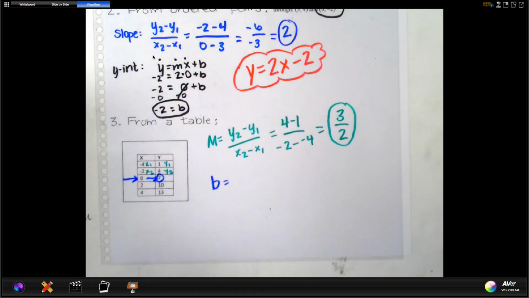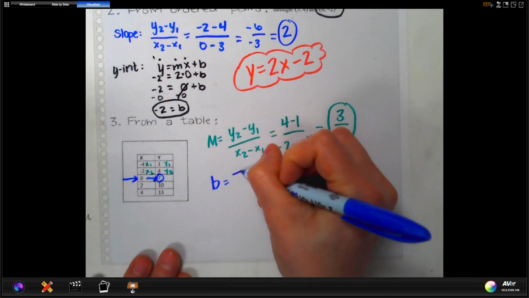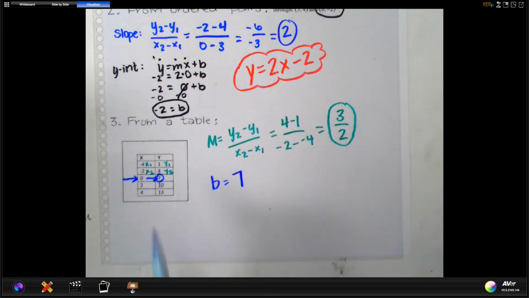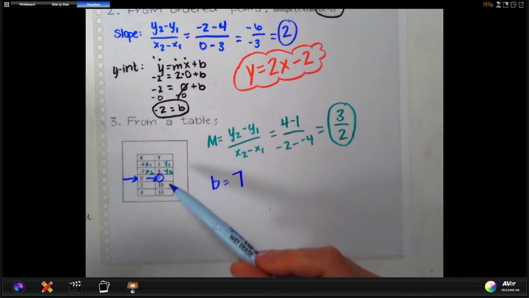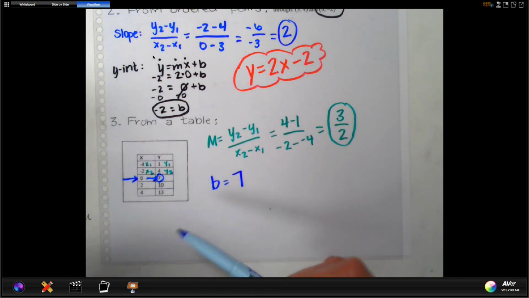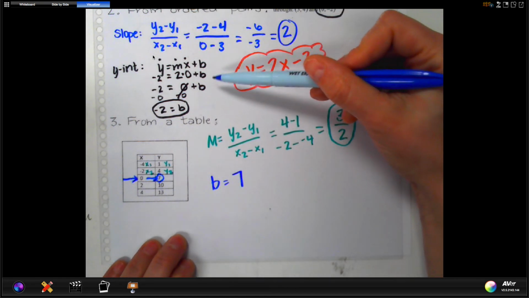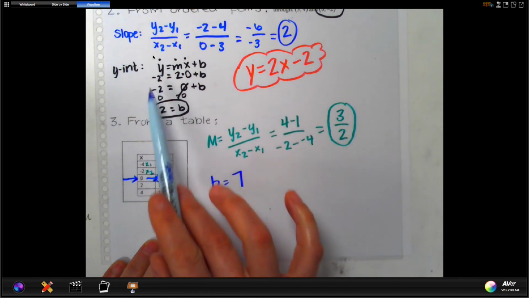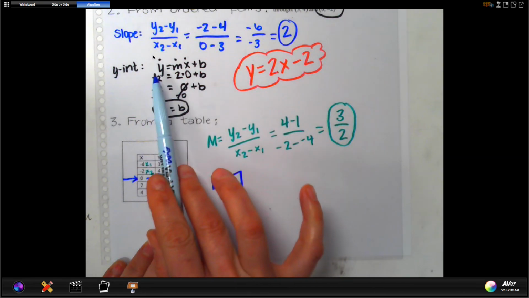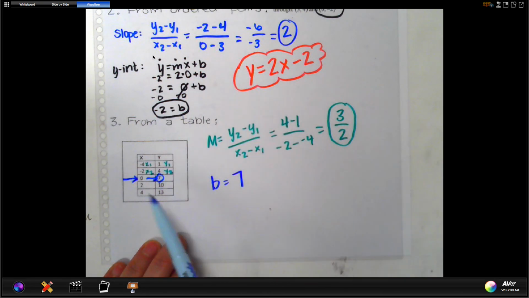So our y-intercept would be 7. If the 0 is not shown, you can either use the pattern to work backward or forward to find the 0, or you would have to use our method from finding ordered pairs and use y equals mx plus b. But the 0 is there, so we can use it. So our b value is 7 here.